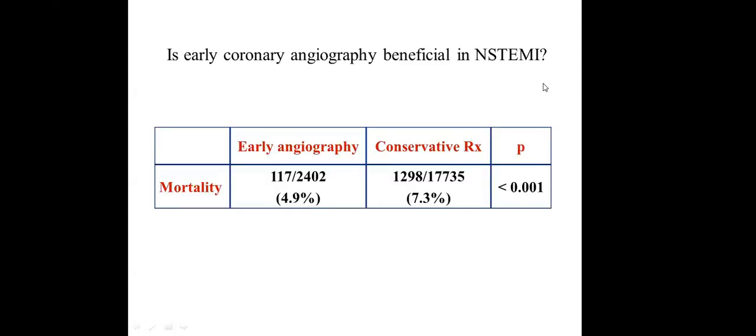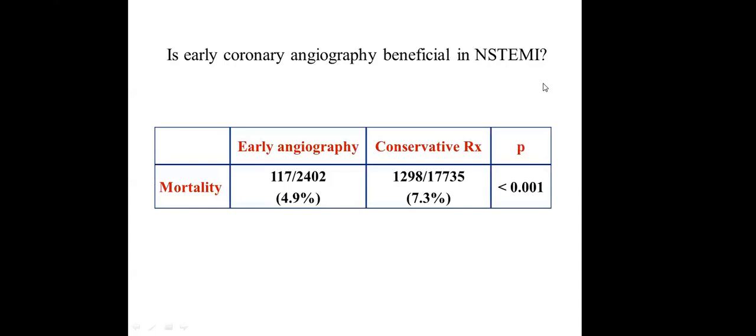So this is an article that we'll talk about at the end, which was an observational study looking at early coronary angiography for people with non-ST elevation myocardial infarction, which is a subtype of heart attack if you don't know what that means.